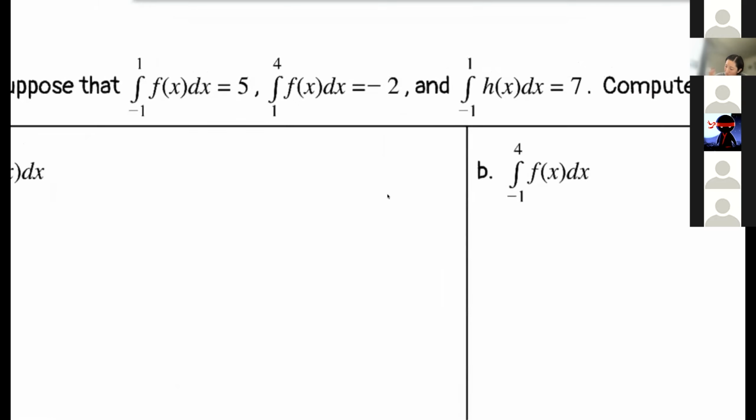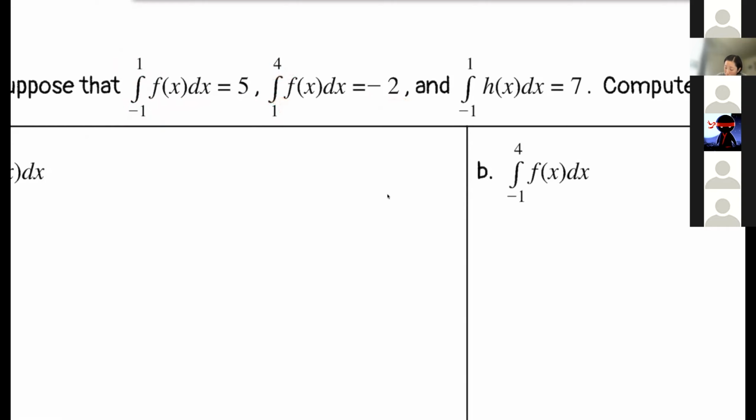So many integrals, but that is a day in the life of a calculus student. We've got these bounds, right? So for f of x, I know from -1 to 1 has an area of 5. I know from 1 to 4 has an area of -2.